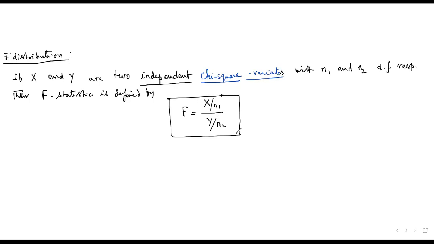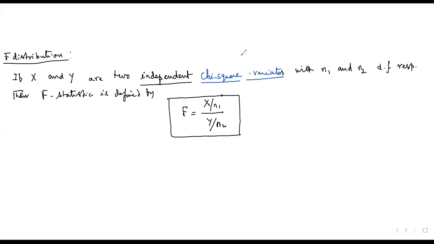But the important part is that if you have noticed, when we defined the chi-square variate, we took the help of the standard normal variate. I told you that chi-square variate is the square of the standard normal variate. And when we are defining the F variate, we are taking the help of chi-square variates. F variate is the ratio of two chi-square variates. So all these things are interconnected to one another.